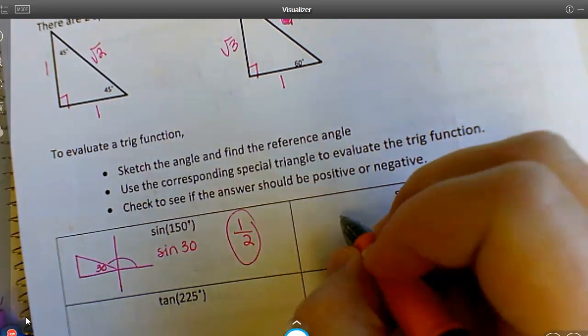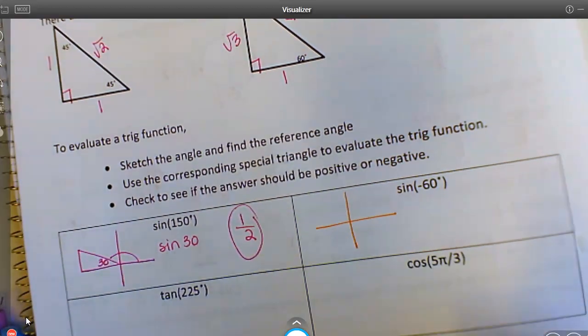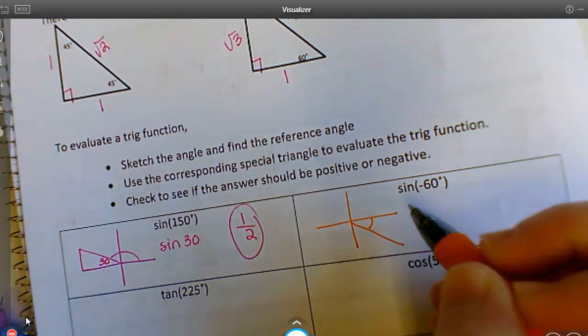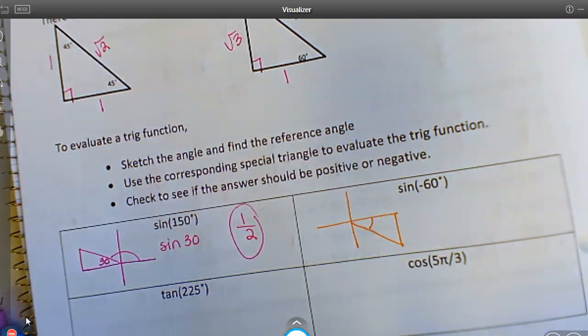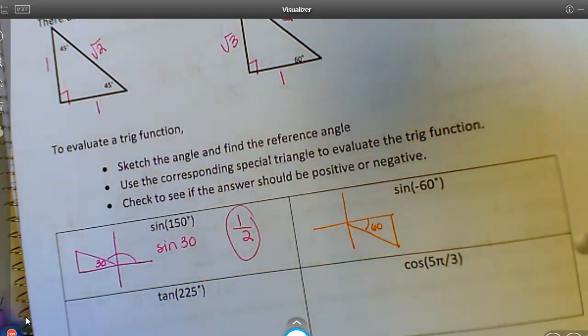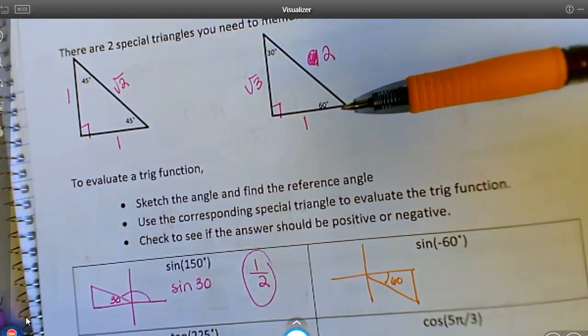Let's say we have sine of negative 60. Alrighty? Negative 60 is down here. You got it backwards. What's our reference angle? 60. Alrighty? That means I'm using my 60 up here in the triangle.